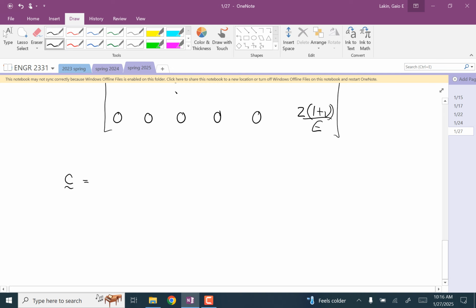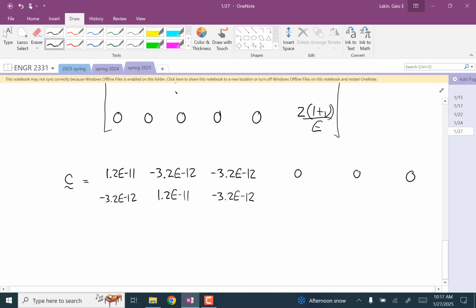This one I am going to fill out just numerically. So you get 1.2 times 10 to the minus 11, negative 3.2 times 10 to the minus 12, negative 3.2 times 10 to the minus 12, 0, 0, 0. Then negative 3.2 E minus 12, positive 1.2 E minus 11, negative 3.2 E minus 12, 0, 0, 0.